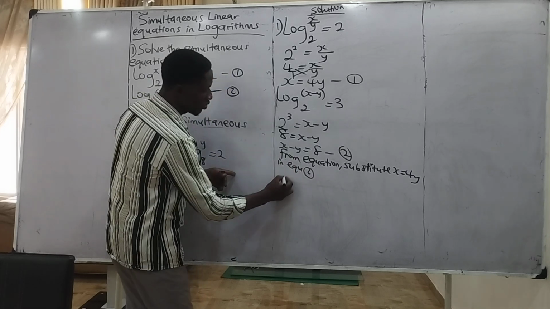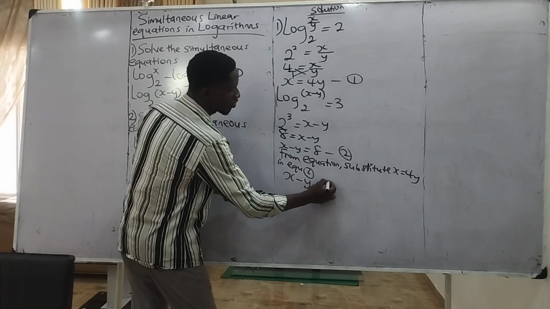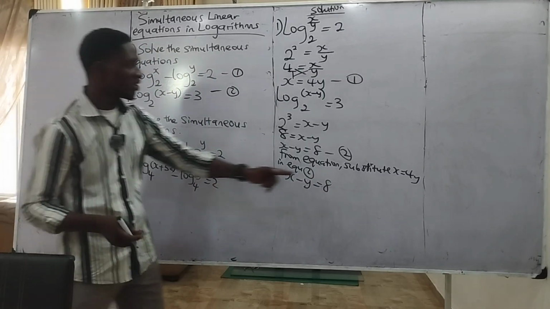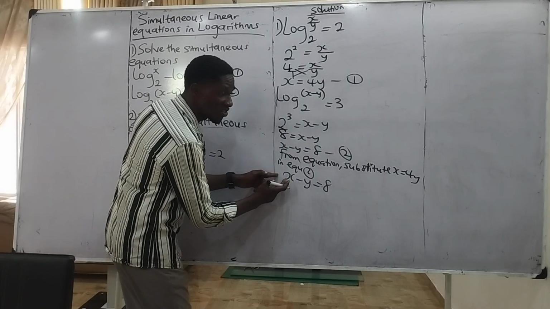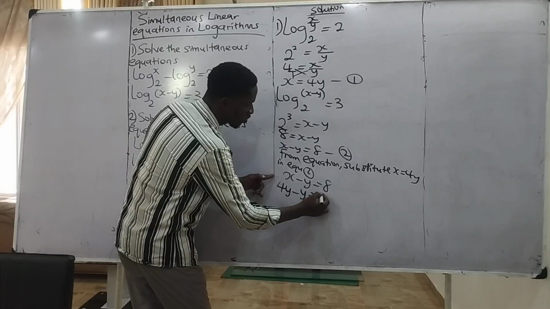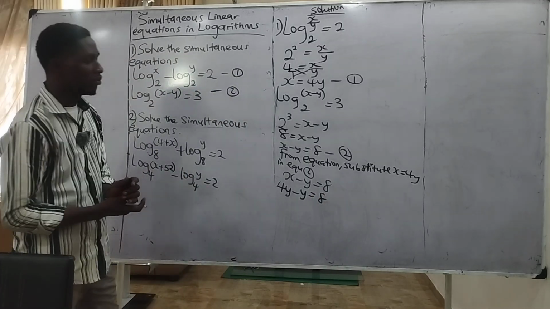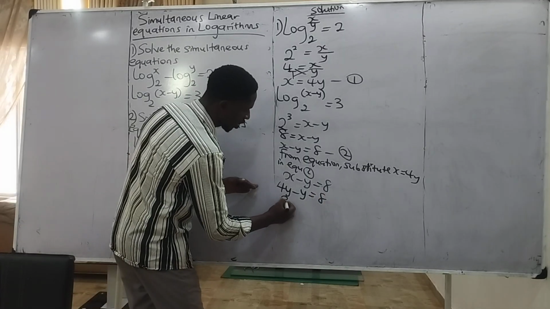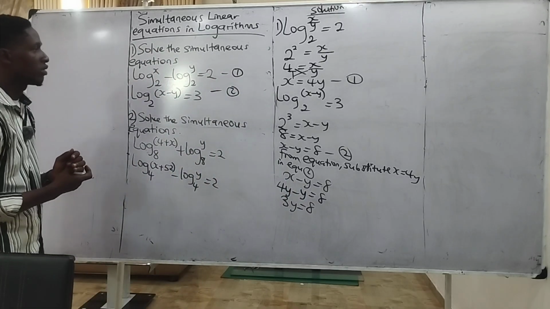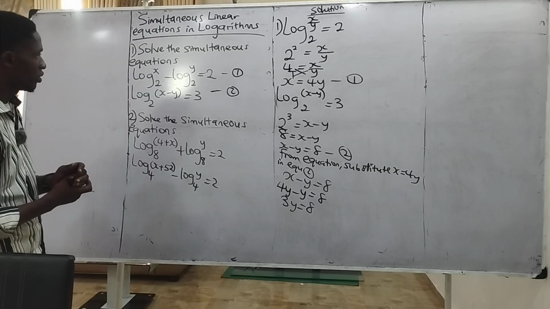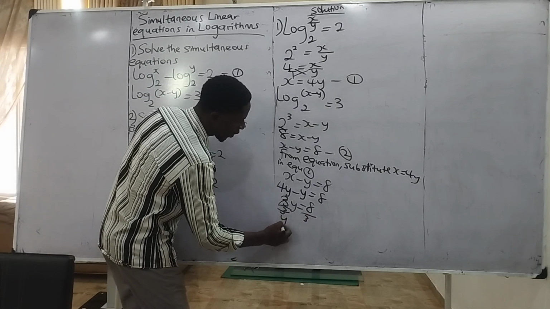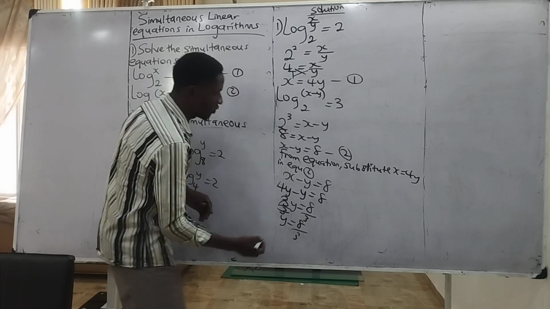So equation 2 is x minus y is equal to 8. It means that anywhere you see x, you should put it as 4y. So this x, I'll replace it with 4y minus y is equal to 8. 4y minus y should give me 3y is equal to 8. So we'll divide both sides by 3. So our y is 8 over 3.